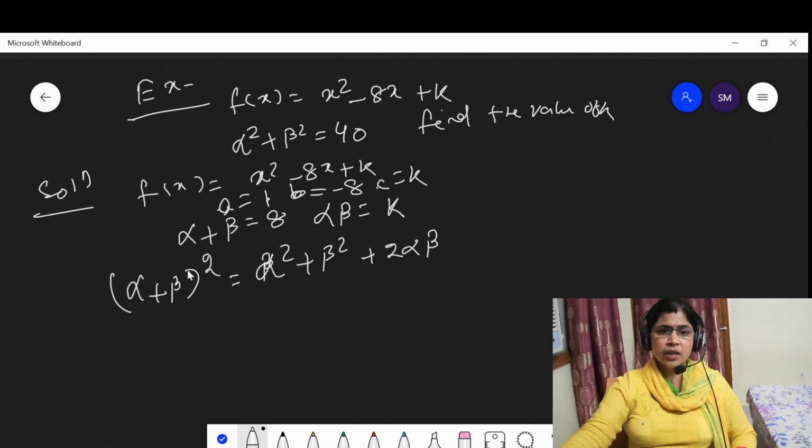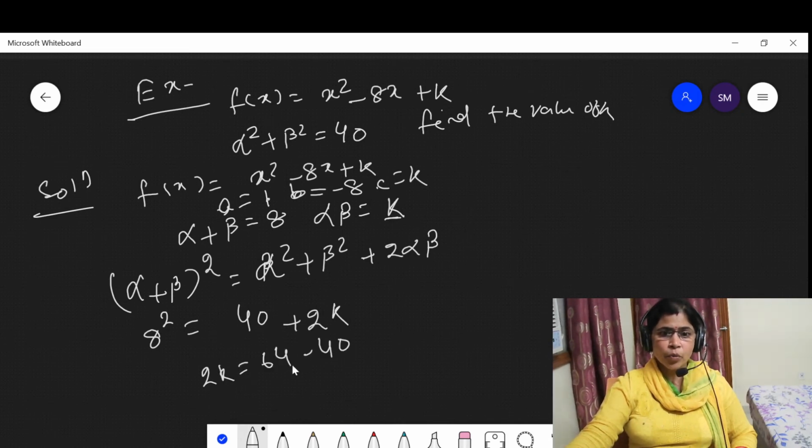Then this is equal to alpha plus beta is 8. 8 square is equal to alpha square plus beta square, given as 40, plus 2 into alpha into beta, means k. Then this is 2k is equal to 64 minus 40.